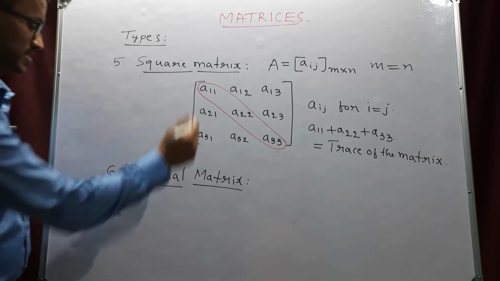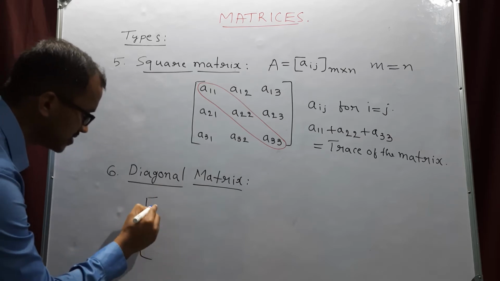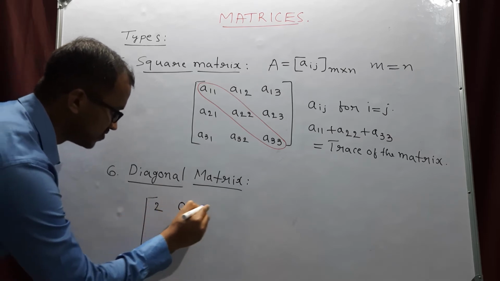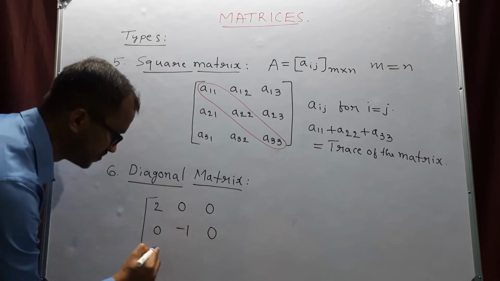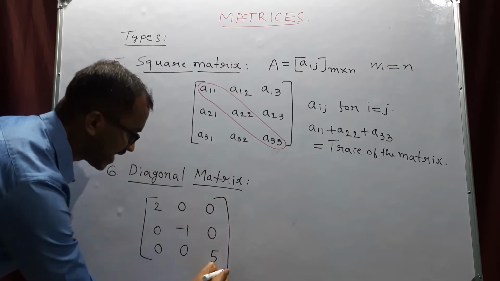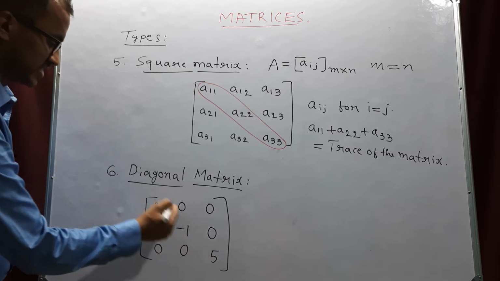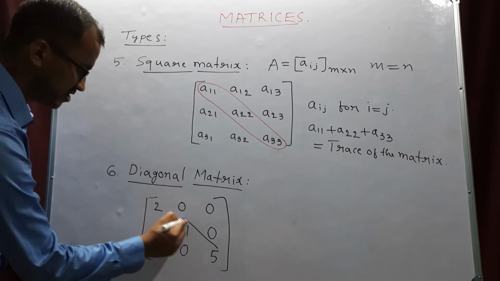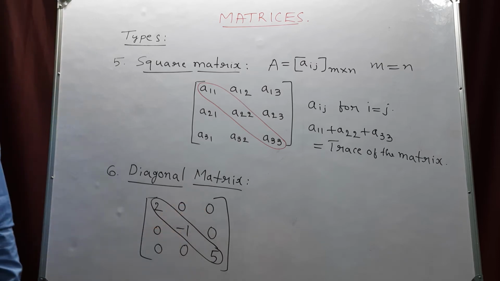So consider an example. Suppose 2, 0, 0, 0, minus 1, 0, 0, 0, 5. This is an example of a diagonal matrix, because all the non-diagonal elements are 0.